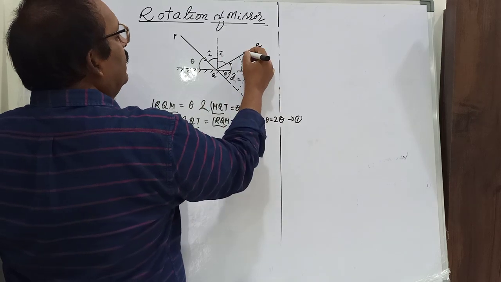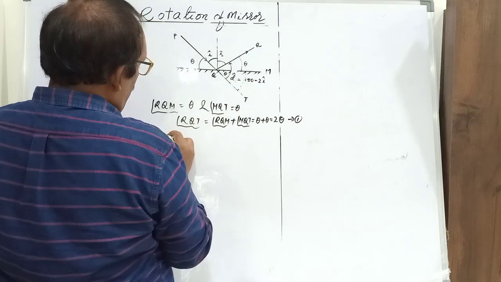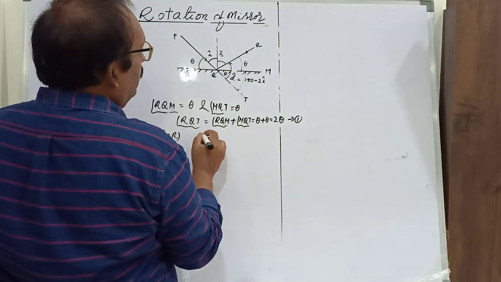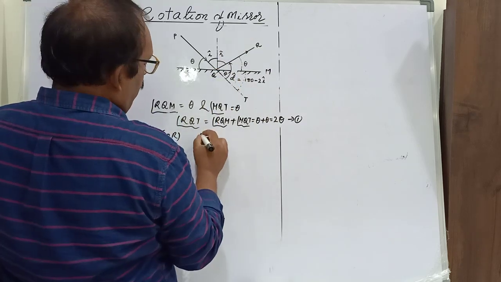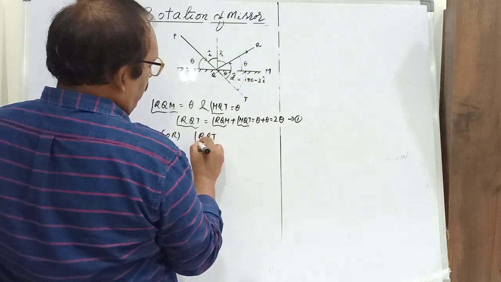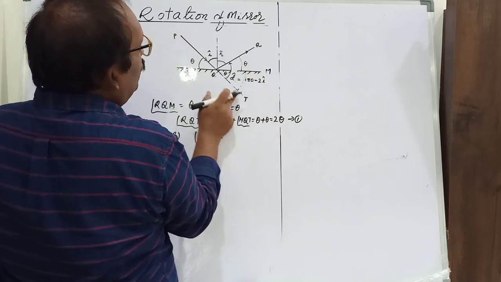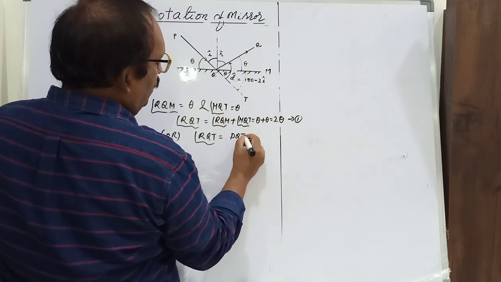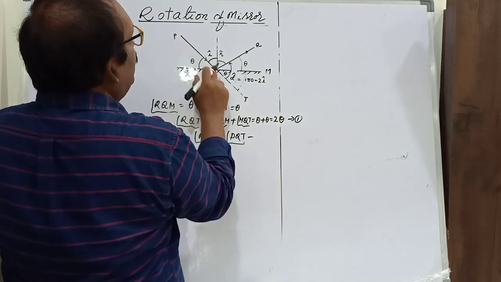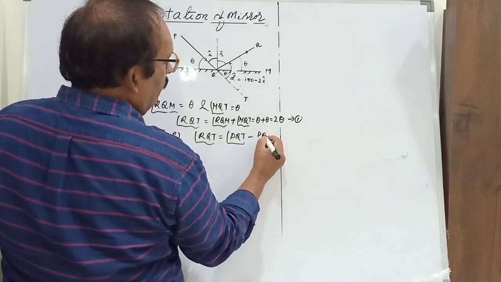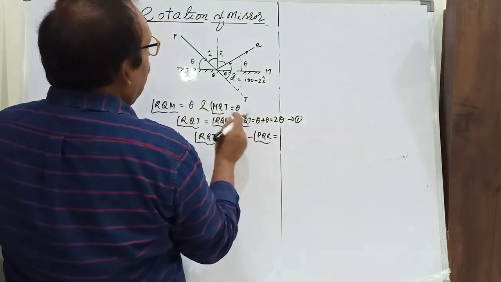Or we can write this deviation, angle RQT, as angle PQT minus angle PQR.